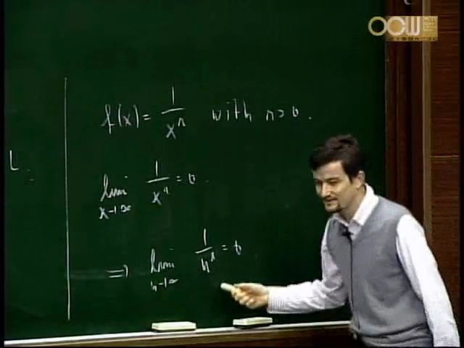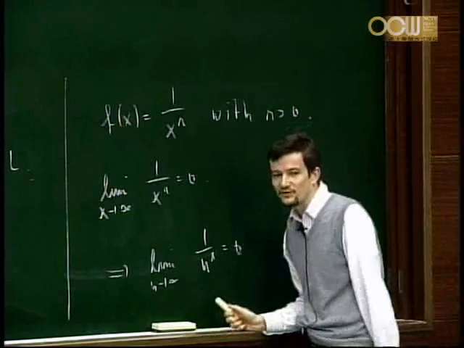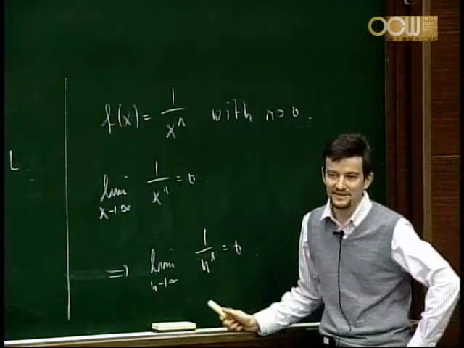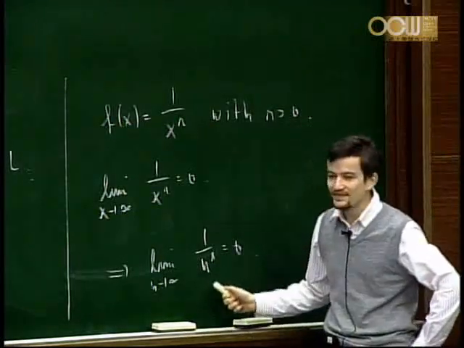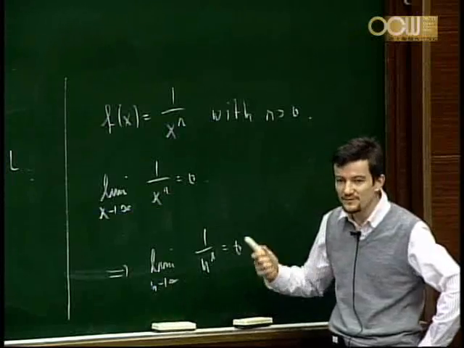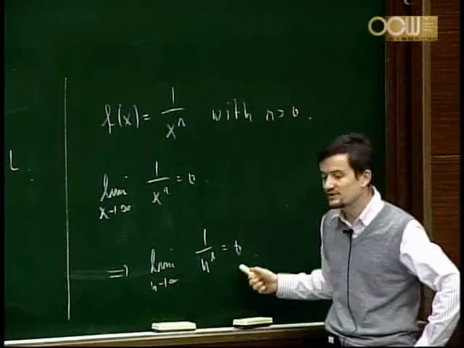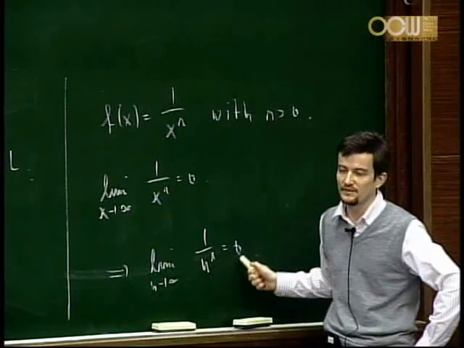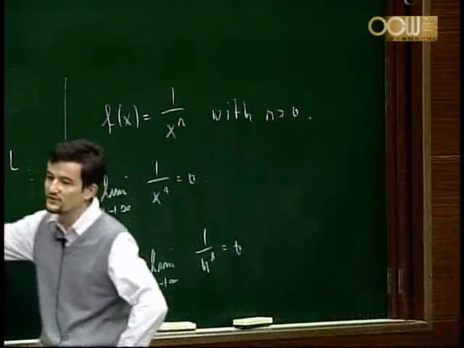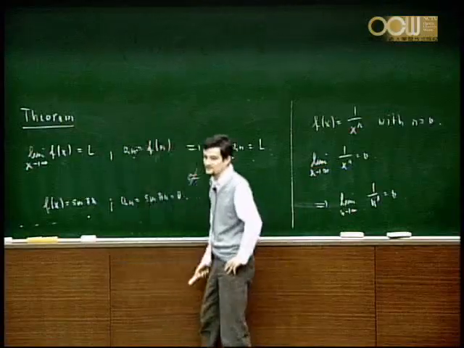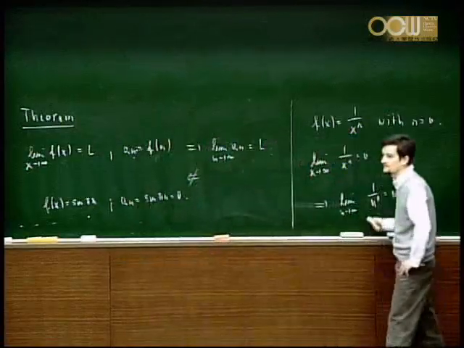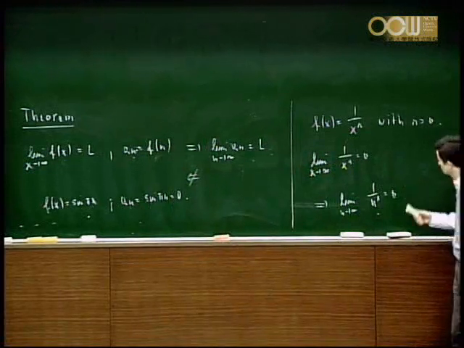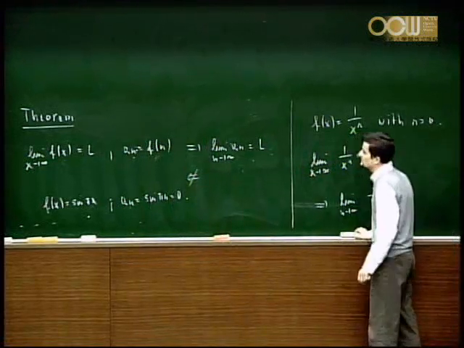This seems to be trivial, because in high school you have already learned this, but this is just because our definition of this limit is the epsilon delta definition. If you want to prove something like this, you should use the epsilon delta definition, but you can avoid this if you prove this first and then just use what we have done last semester, because then immediately you get results like this. Just to stress this point.